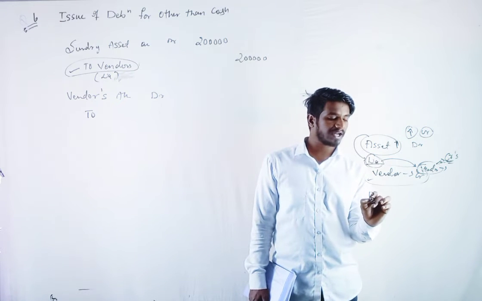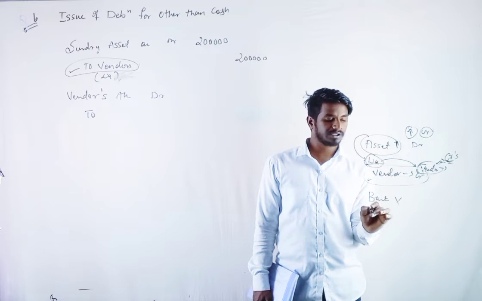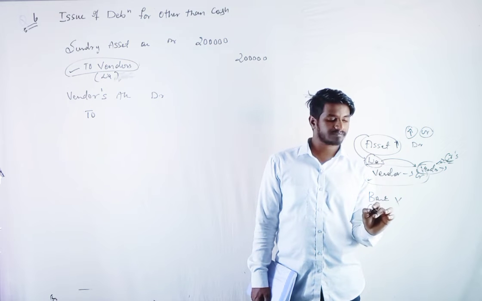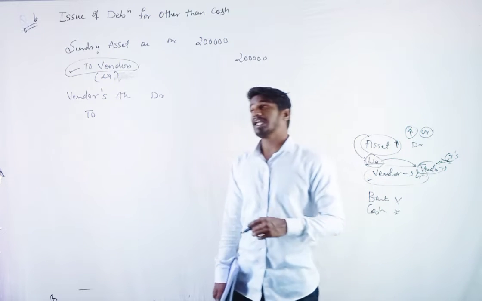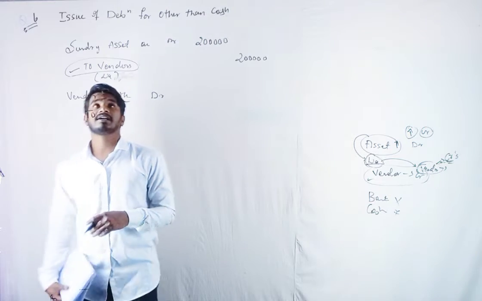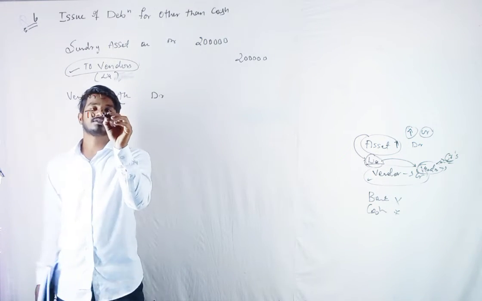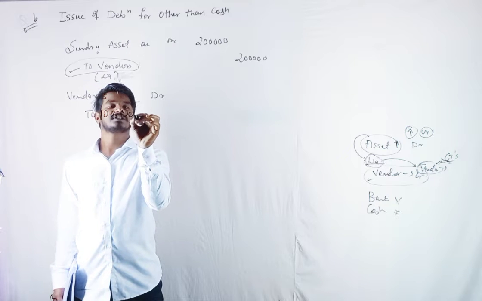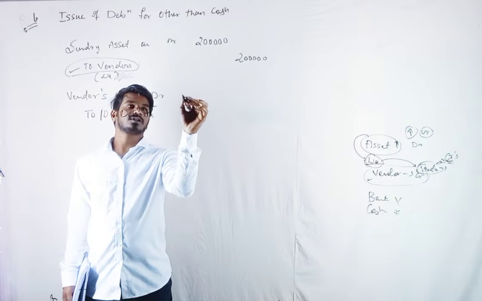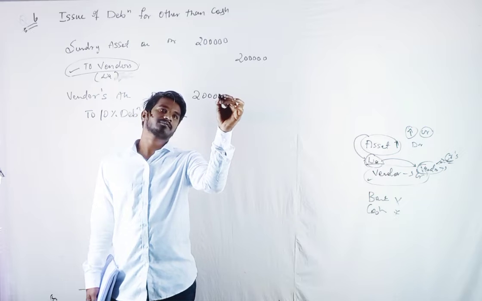Are we paying through bank? No. Are we paying through cash? No. We are paying through debentures. How many percent of debenture? 10 percent debenture. 10% debenture account, 2 lakh.